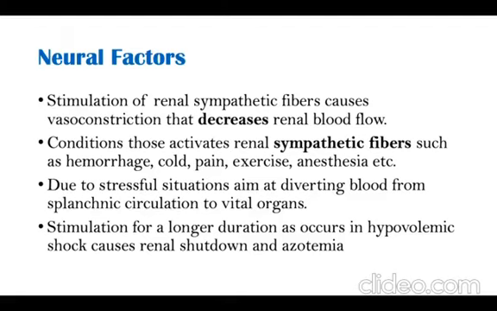And stimulation for a longer duration, as occurs in hypovolemic shock, when people lose about 20% of their body's fluid or blood supply, will cause renal shutdown and azotemia. Azotemia means elevation of blood urea nitrogen and serum creatinine level.